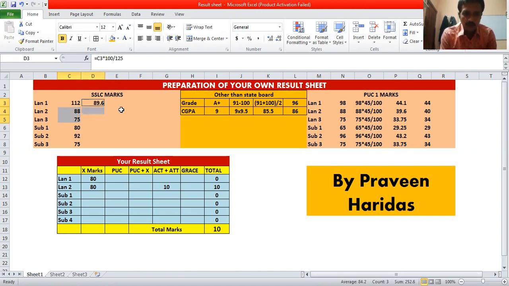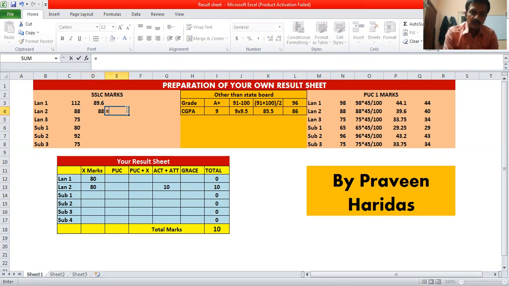Now what you need to do is select the two highest numbers out of it. At this moment you can see it is 89.6 and 88. The next thing is to take the total of the two, so it will be 177.6.